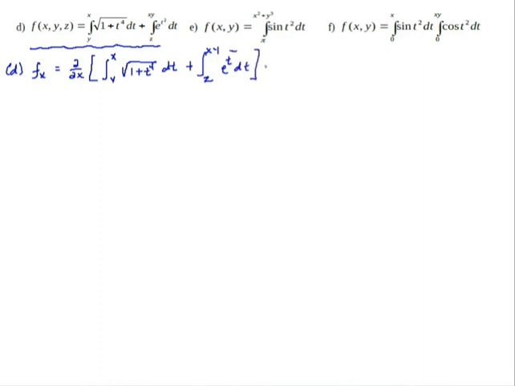This can be written like this: we take the partial derivative for each separately, the partial derivative of the integral from y to x radical 1 plus t to the power of 4 dt plus the partial derivative with respect to x of the integral from z to xy e to the power of t square dt.